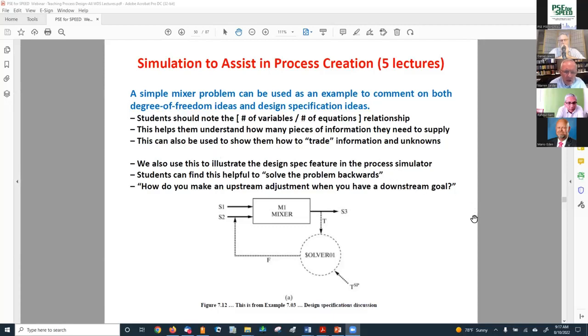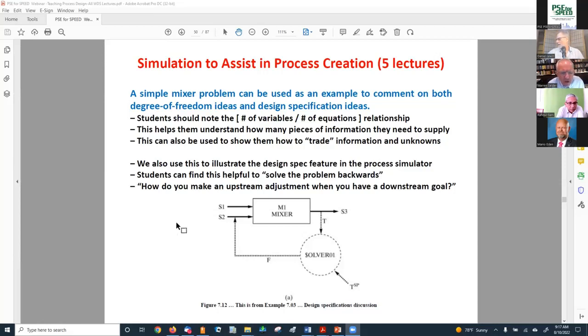This helps them understand how many pieces of information they need to supply. And this can also be used to show them how to trade information and unknowns. Okay.